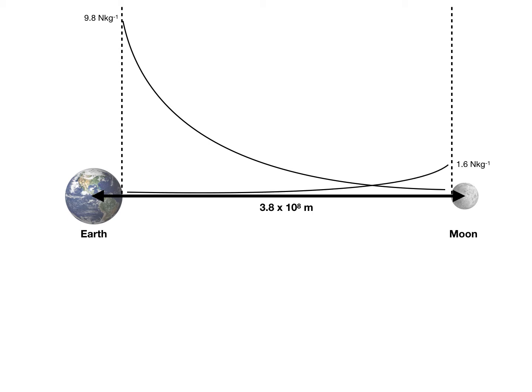The Moon will do something very similar. g at the surface of the Moon is 1.6, and then it will drop away. Where these two graphs overlap is where, at that exact location, the g with which the Earth is trying to pull the object to the left is equal to the g with which the Moon is trying to pull the object to the right.